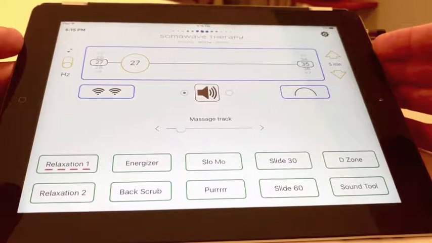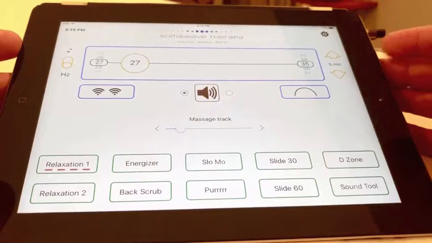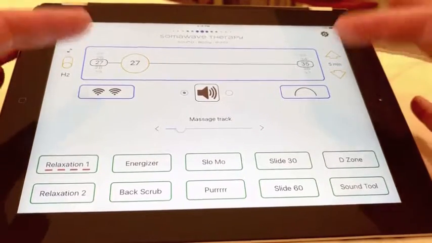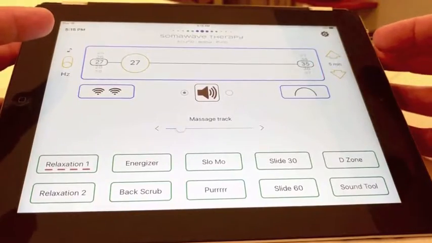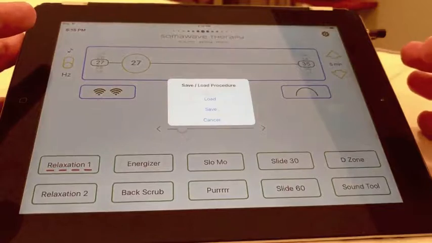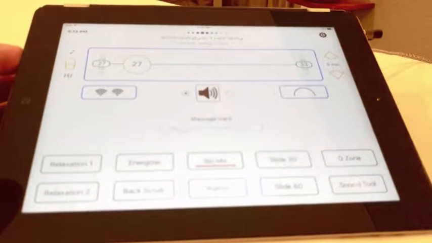What I want to do now is jump into some extremes, or maybe not extremes, but some real variations in the sweep mode. One of my current latest favorites, I call it slow-mo, slow motion.